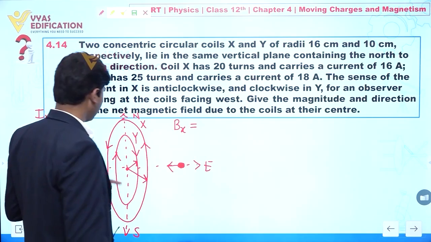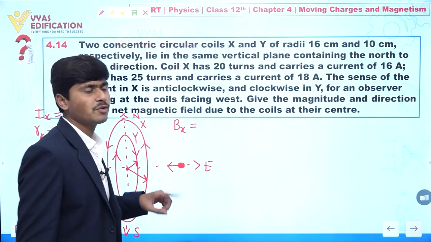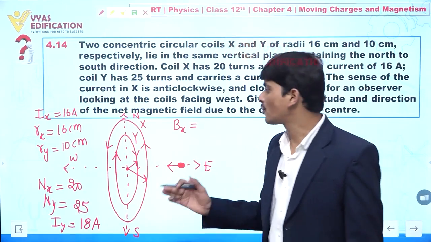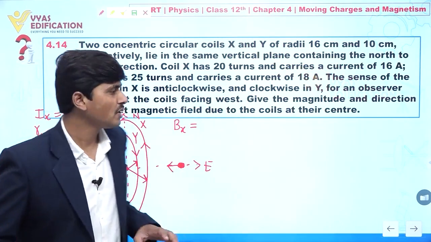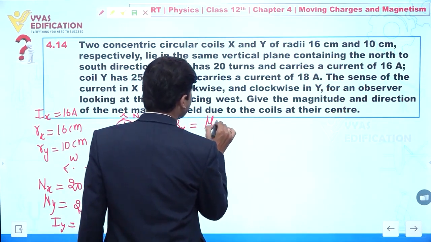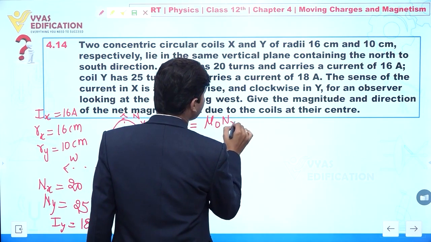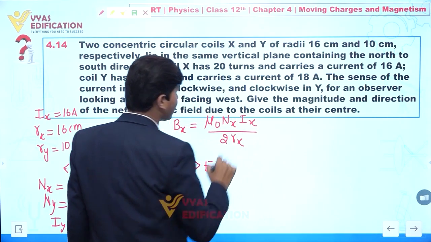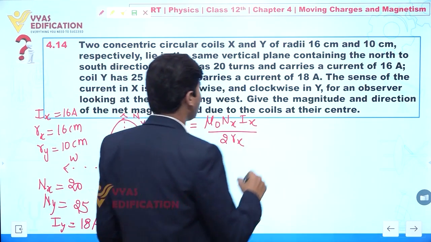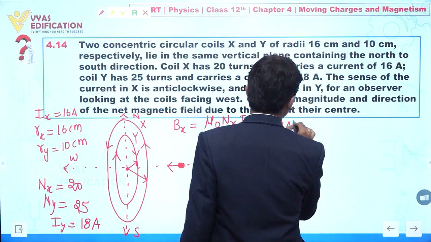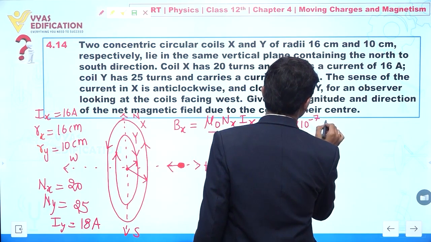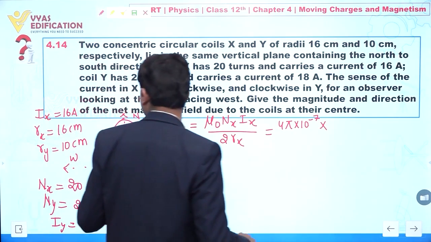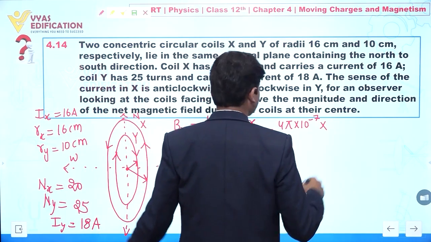Actually you can say here we have a closed loop and we have to find magnetic field at the center of a coil. Clear? So how can we calculate? We can write like this. This is given by mu naught n I by 2 r. Clear everyone? So now we can put here all values. Value of mu naught we have 4 pi into 10 to the power minus 7 multiplied with number of turns in coil X. This is given to you. Yes, that is 20.